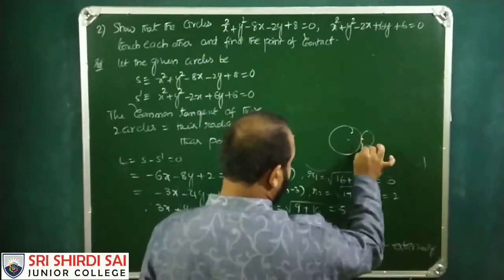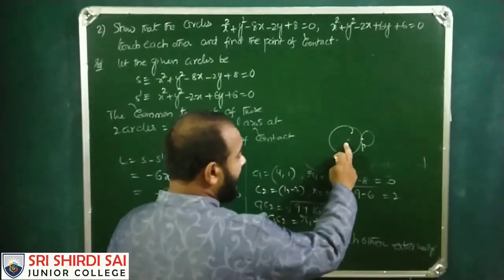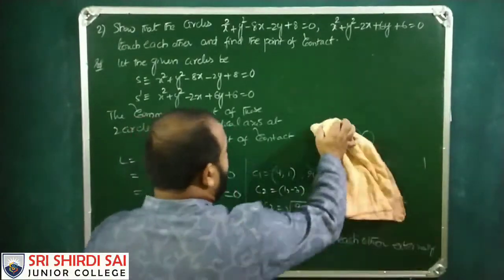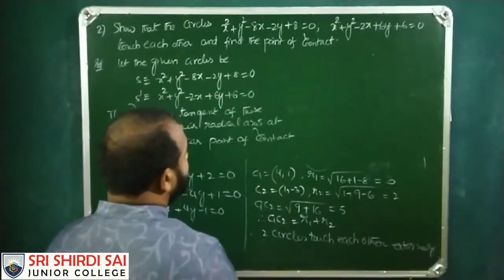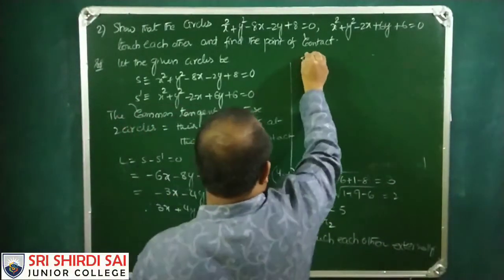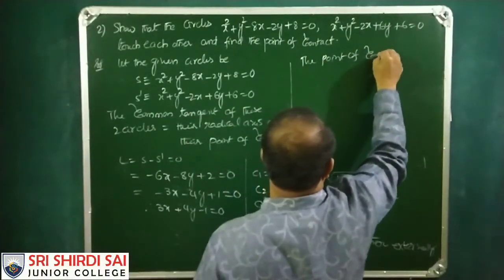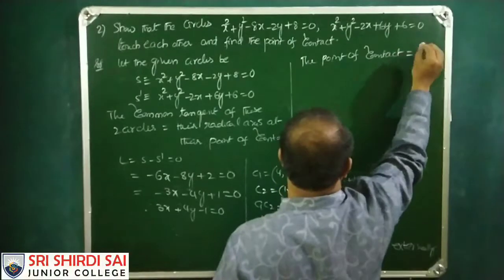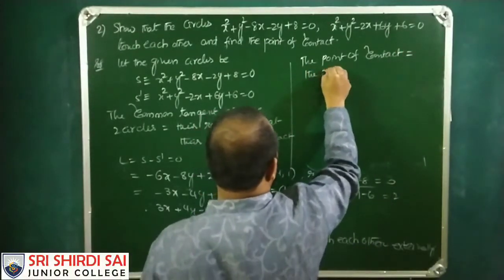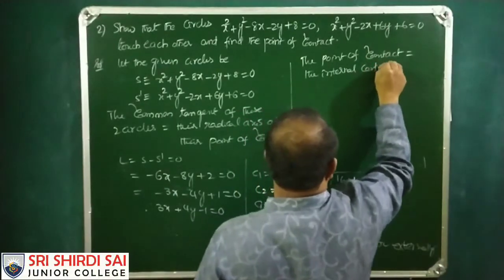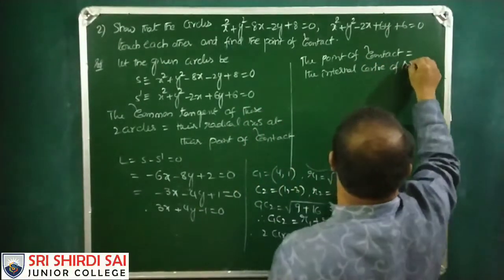This point of contact P is nothing but the internal center of similitude. So therefore the point of contact is the internal center of similitude.